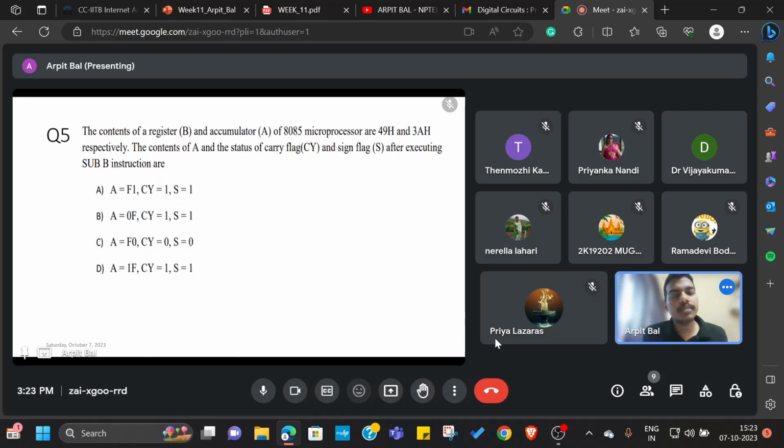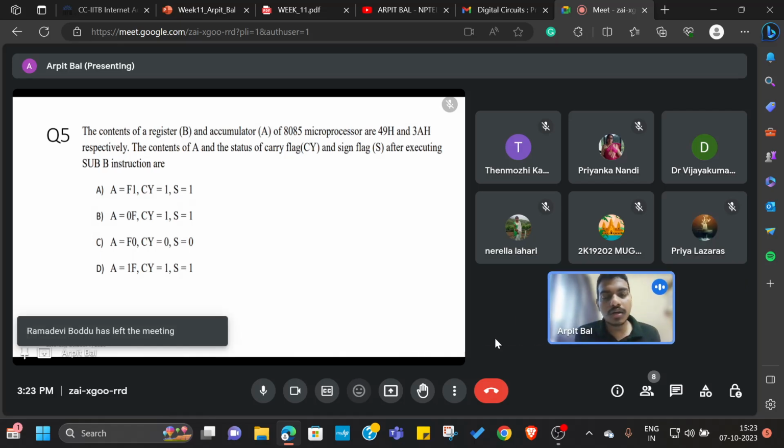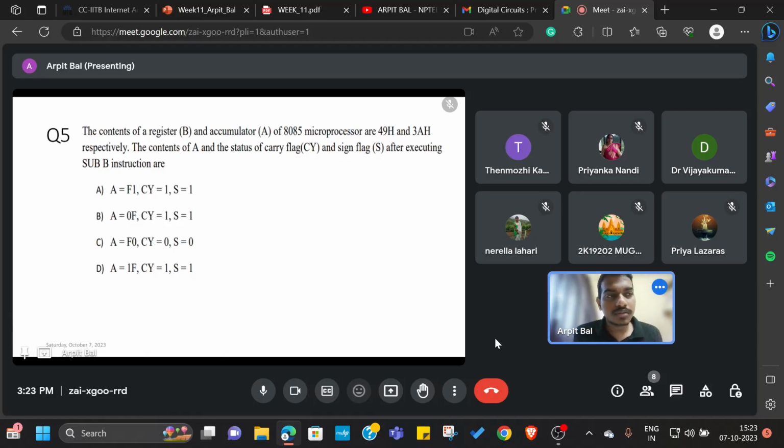Similarly, there can be another operation based on the sign: if it is negative, then add 2. How will you know that a number is negative or not? The sign flag can be used in that case. What is given to us is that the content of register B is 49H, and the content of the accumulator, let me denote it as A, is 3AH.